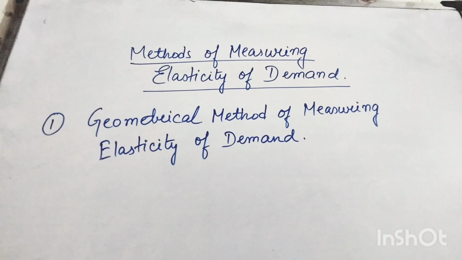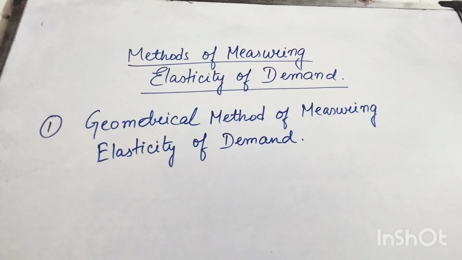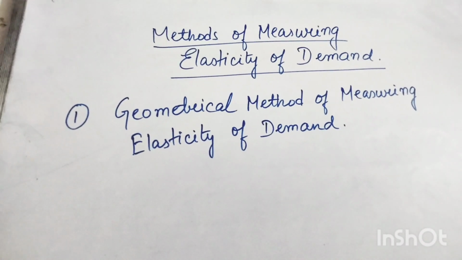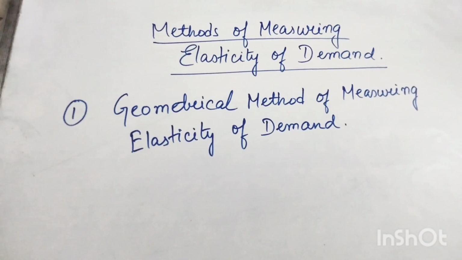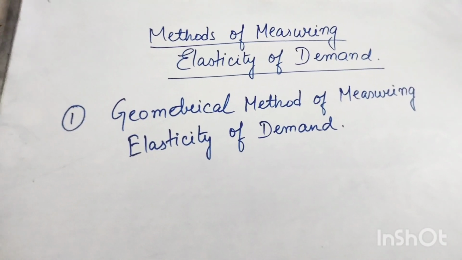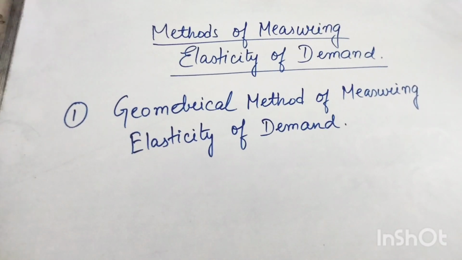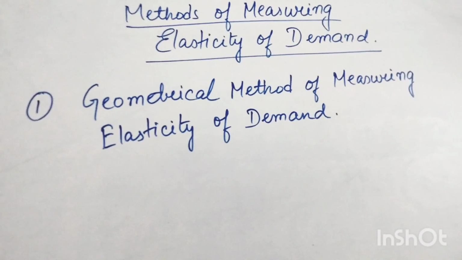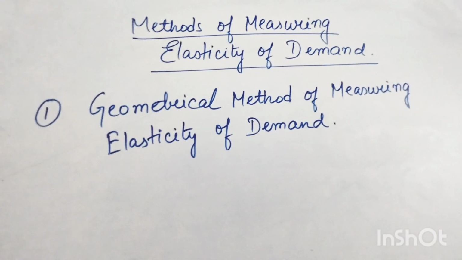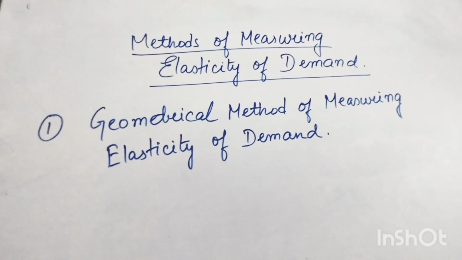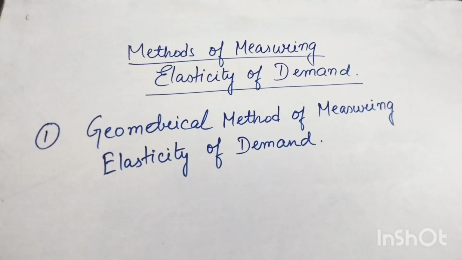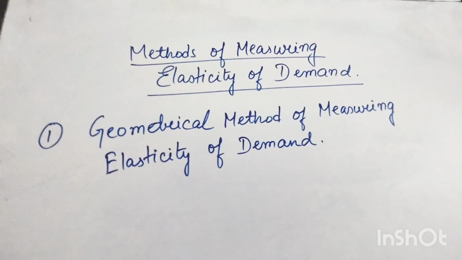Then we showed the different degrees of elasticity of demand. This degree of elasticity of demand is classified into 5 categories, and we have discussed each of them along with the diagram. Those who haven't seen that video, please go through that video. It is given under the heading elasticity of demand.